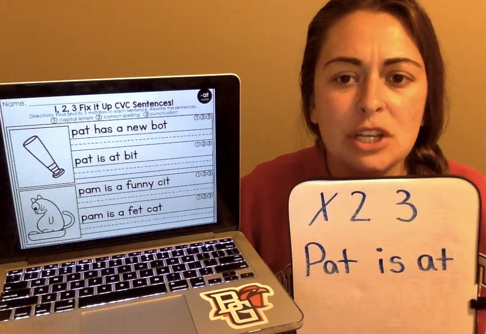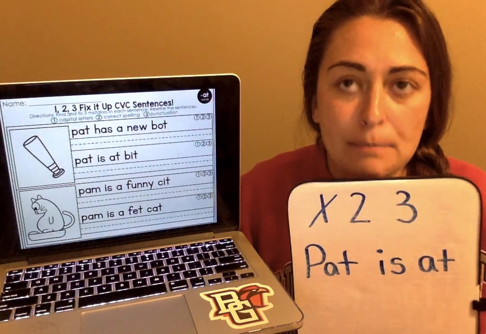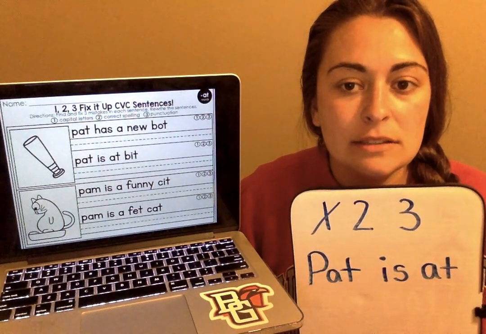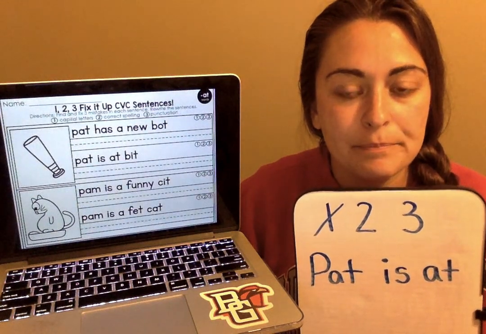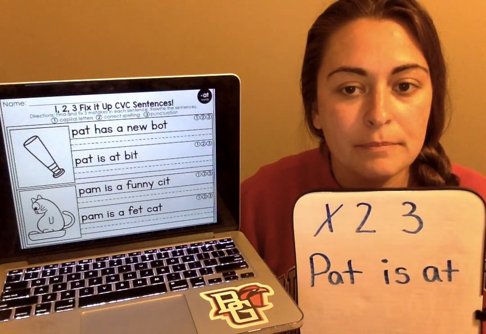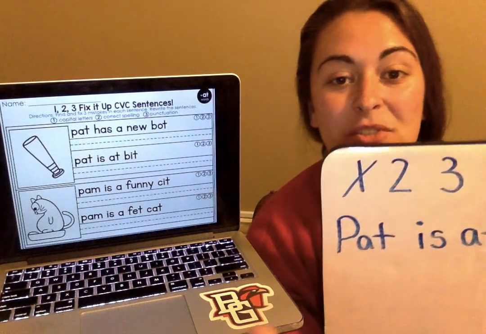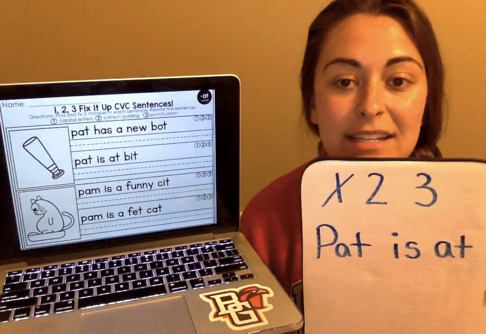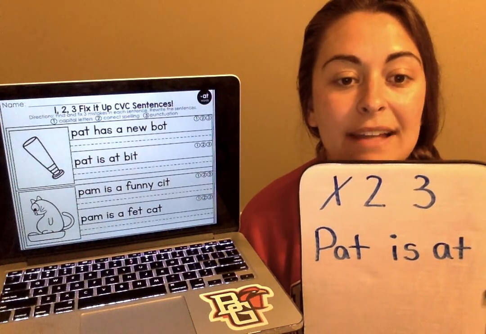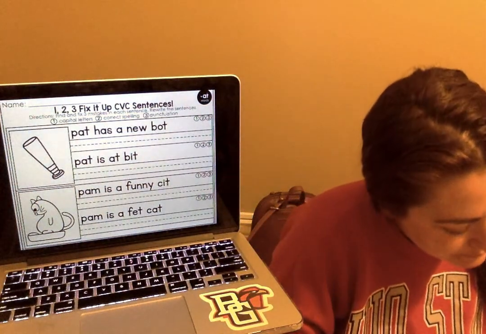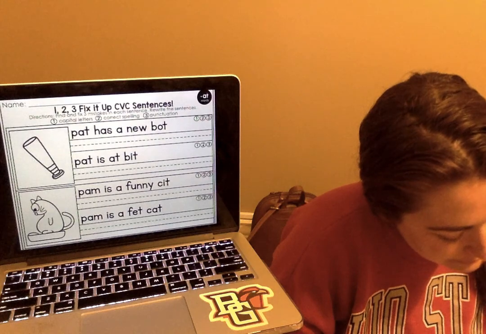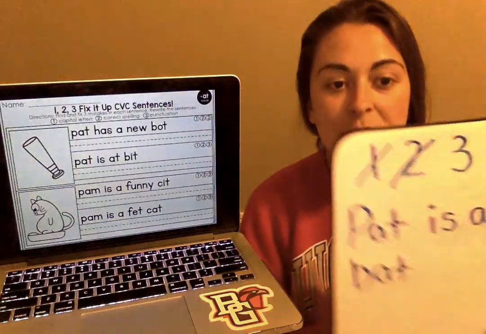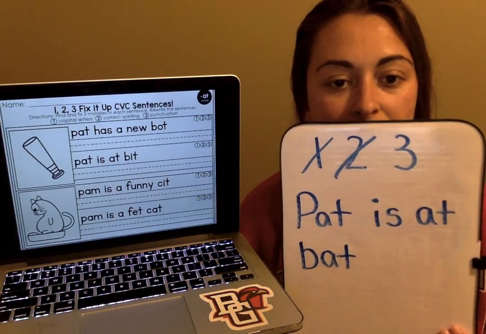So do we want to change the beginning, middle, or end sound in B-it to make it bat? Good. We want to change that middle sound to an A instead of an I. So B-at. So let's write that. B-A-T. And we made sure all of the words were spelled correctly, so let's cross off that too.